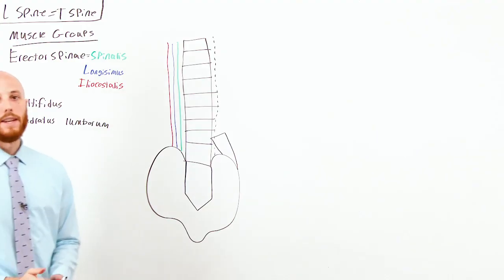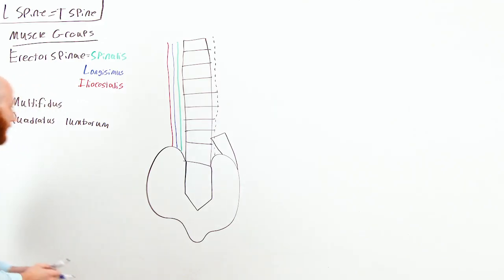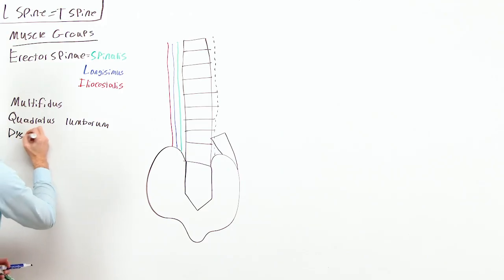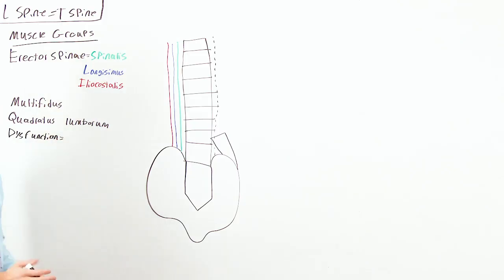So the reason that we're going to name these muscles is so that we can go over how to use myofascial technique to treat it. So let's say that we have a dysfunction in one of these muscles. When one of these muscles is dysfunctional, it's going to become hypertonic.